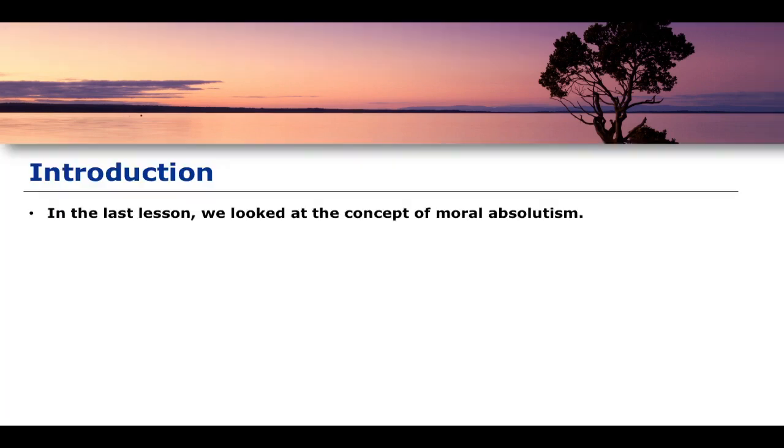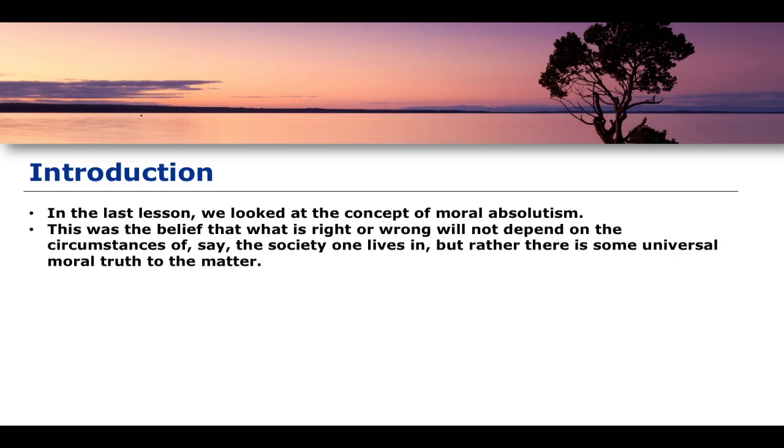The last lesson, like I mentioned, we talked about moral absolutism. And moral absolutism, if we remember, was the belief that what is right or wrong, or good or bad, from an ethical perspective, will not depend on the circumstances of, for example, the society we live in, or the individual that is making that particular moral choice.